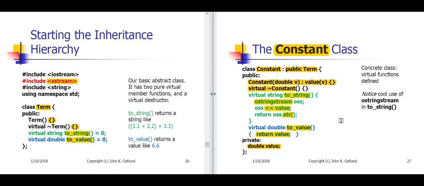And we can then obtain that sequence of characters as a string object by saying oss.str. And we are returning that string as the value of this function. Okay, so that's all we need for the constant class.